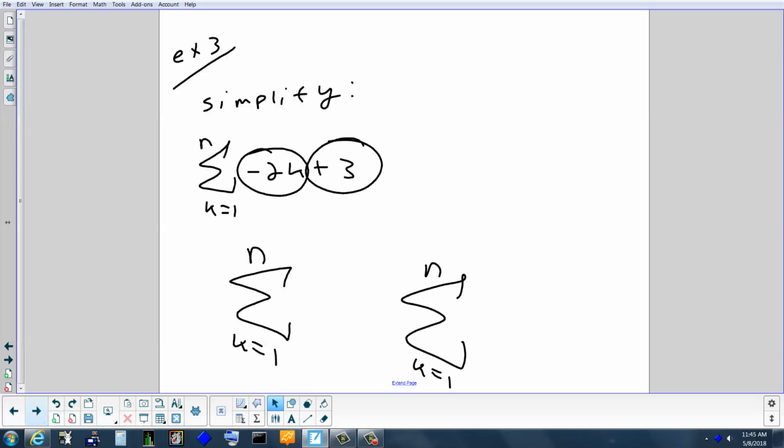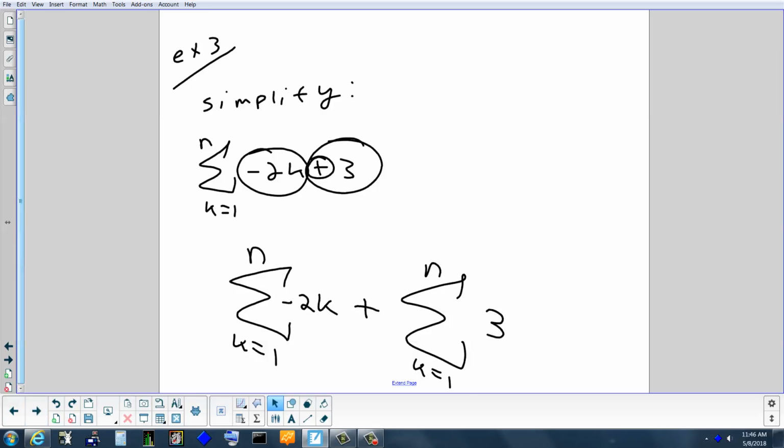The first one is negative 2k. The second one, plus 3. Okay. Any question on that part? We're just splitting it into 2 problems.